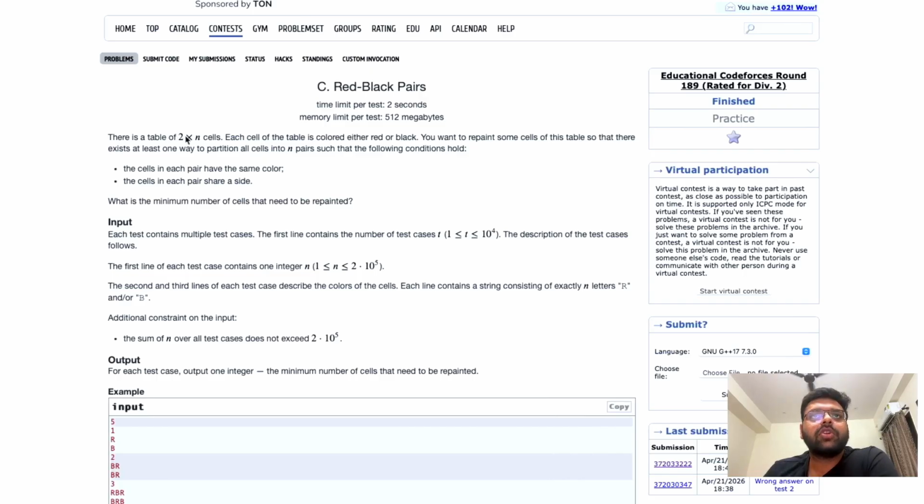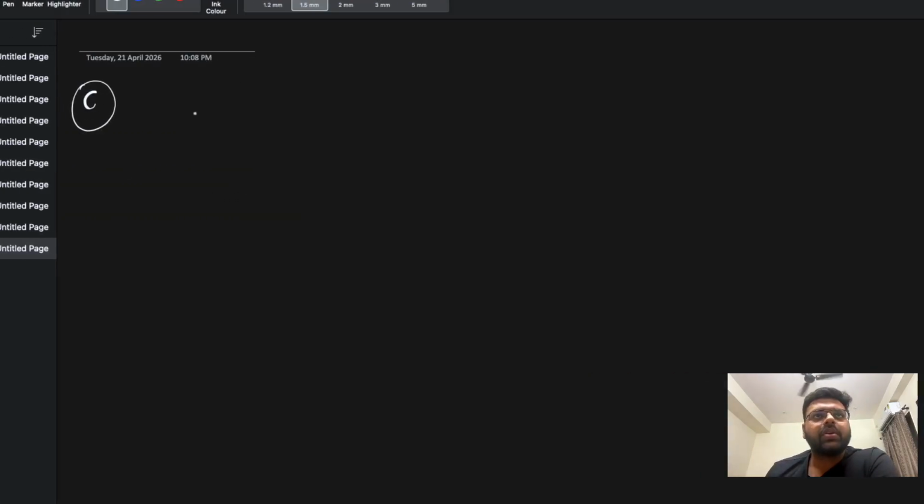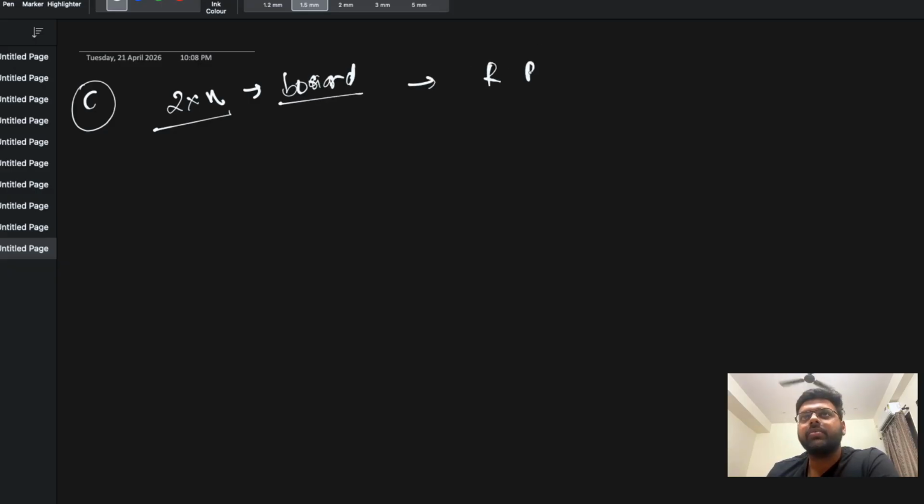So there is a table, 2 cross n, and you want to repaint the cells. What the question gives is a 2 cross n board, and there are some red and blue colors given on the board.